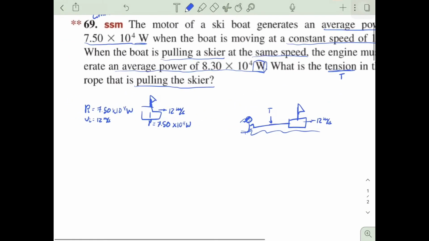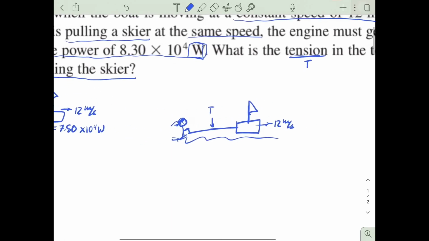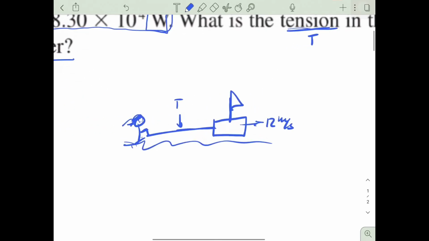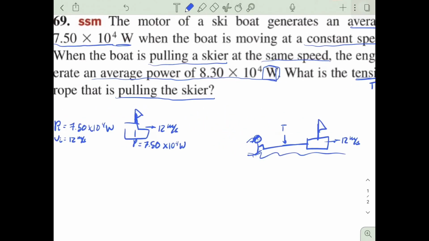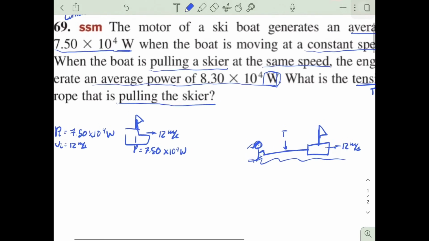Now we can list our variables for this situation, like the after. Think of it as the final power, because it's the power given in the situation being asked about.